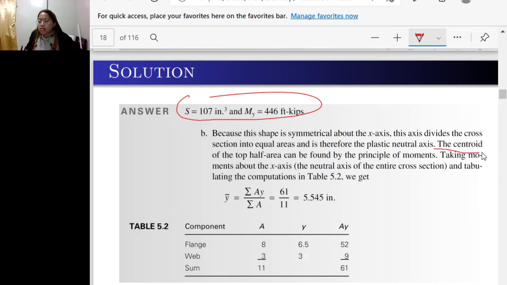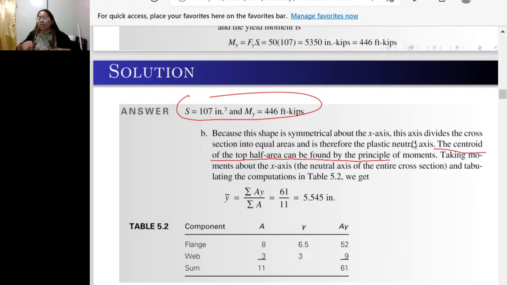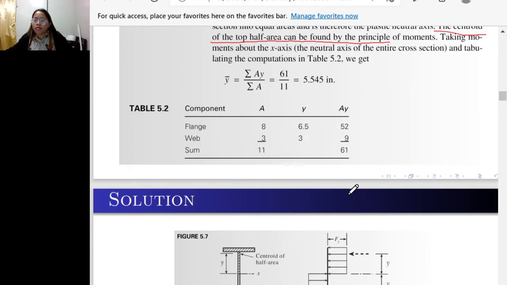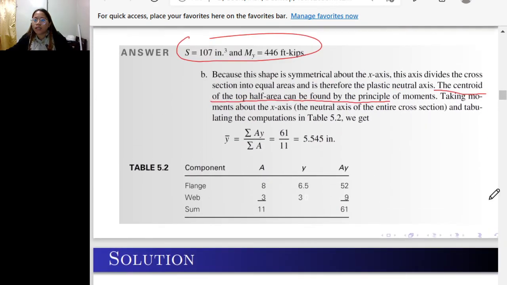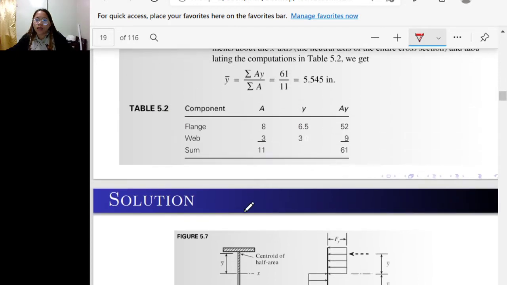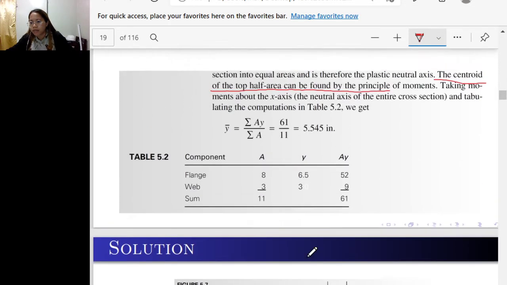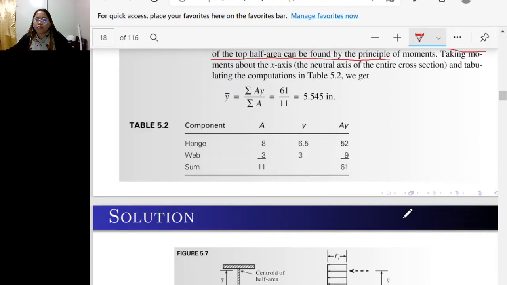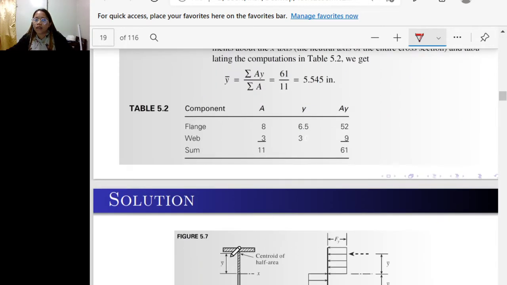We consider the centroid of the top half area of the section. So you have this flange, and you only consider the top half or lower half.